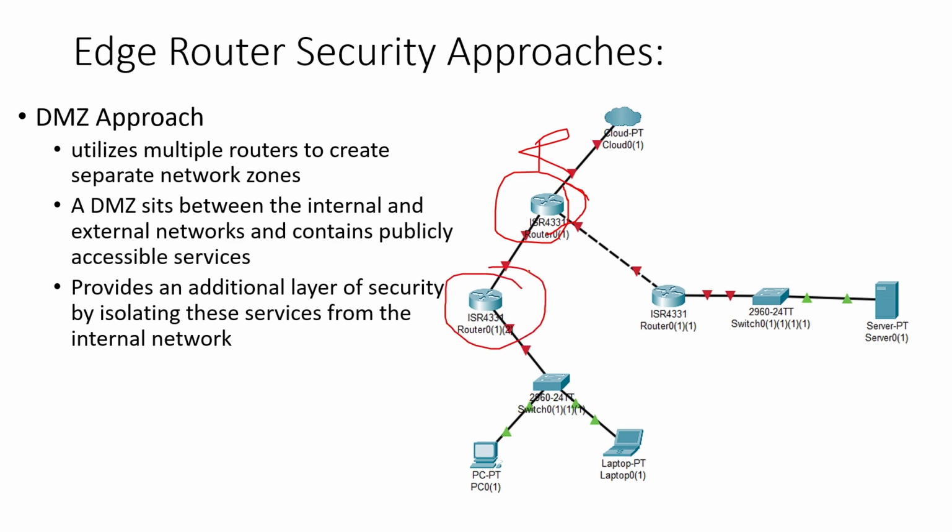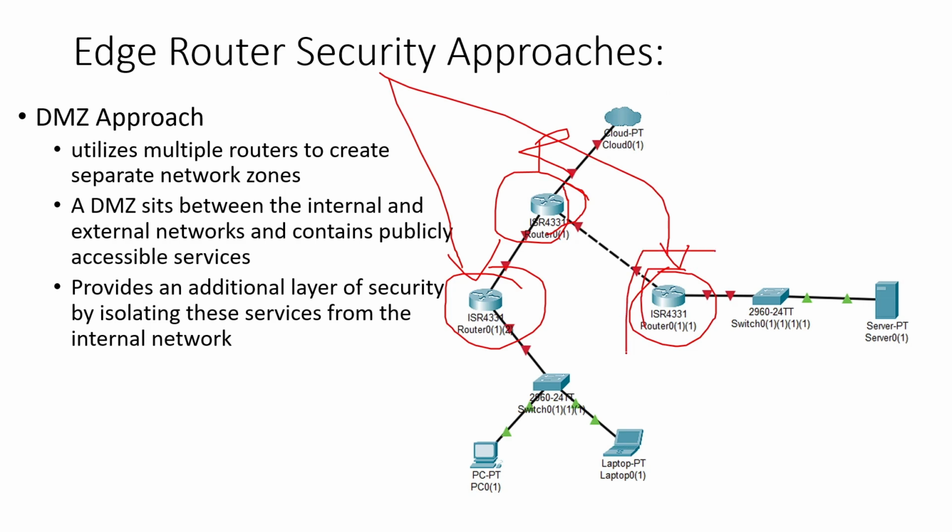And the multiple routers under it could be where the security configuration has been configured, like firewall, VPNs, IDS, IPS. So it depends on the network administrator on what to configure on this DMZ approach.